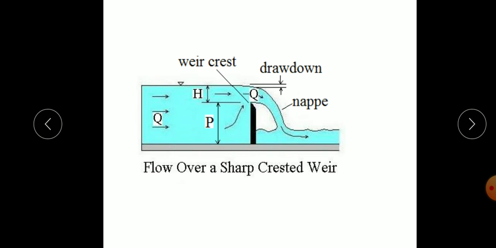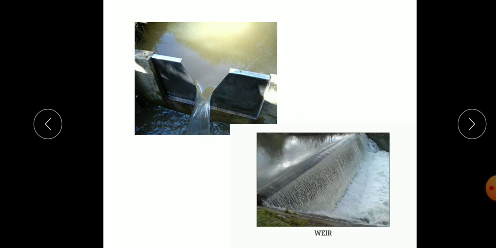Here Q is the discharge, and H is the head above the free surface of the liquid and the bottom edge, or crest, of the weir. So we can consider these as the notch and the weir.